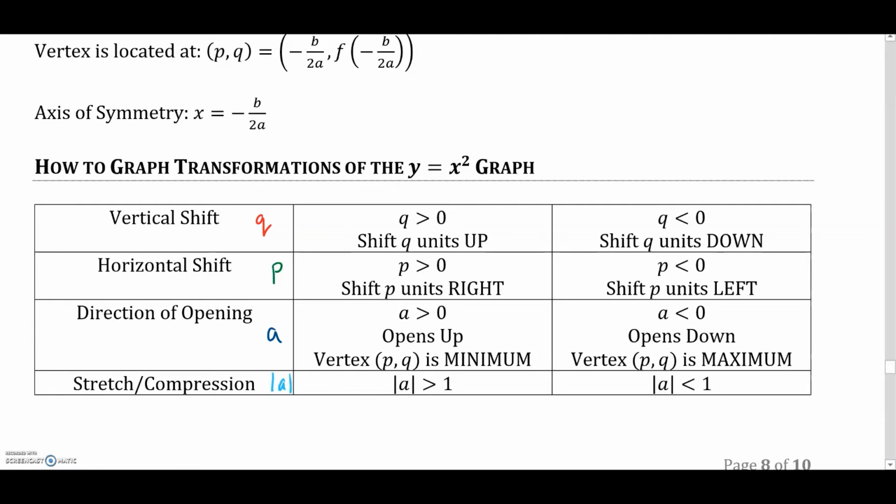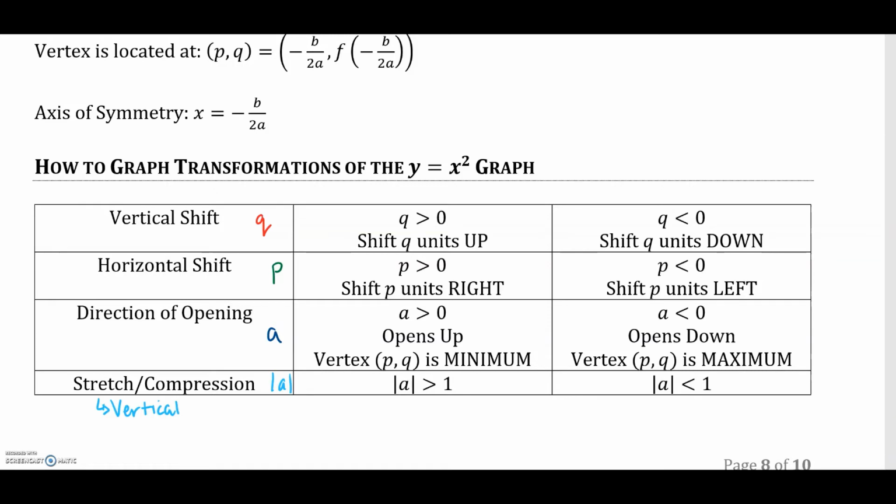If the absolute value of a is greater than 1, then we have a stretch, whereas if the absolute value of a is less than 1, we have a compression. The stretch and compression described here are vertical stretches and compressions.